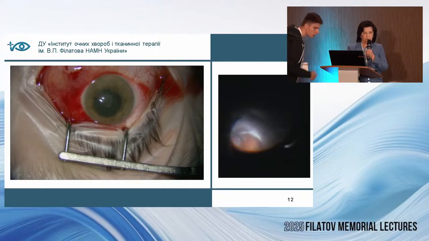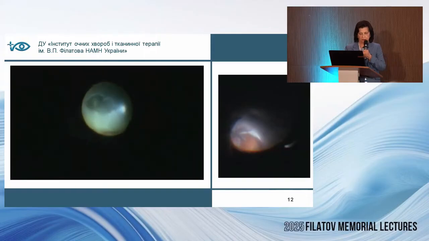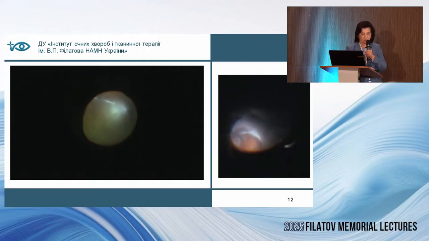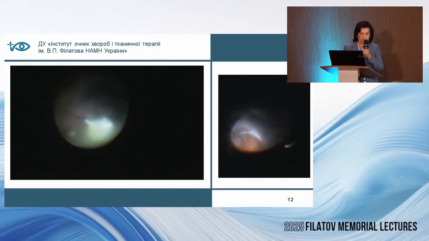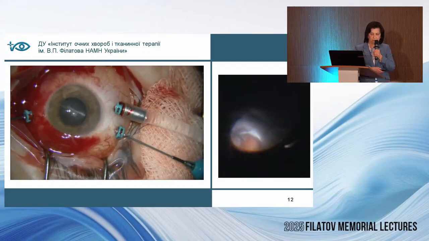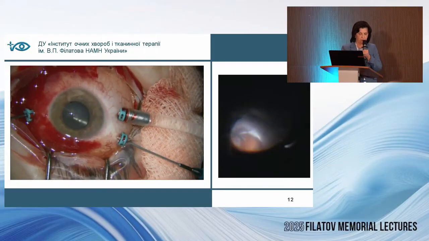The next clinical case is an intravitreal foreign body. The anterior part is good with a transparent media. However, it is associated with severe endophthalmitis, and at the place of the foreign body location, the local endophthalmitis is rather severe.